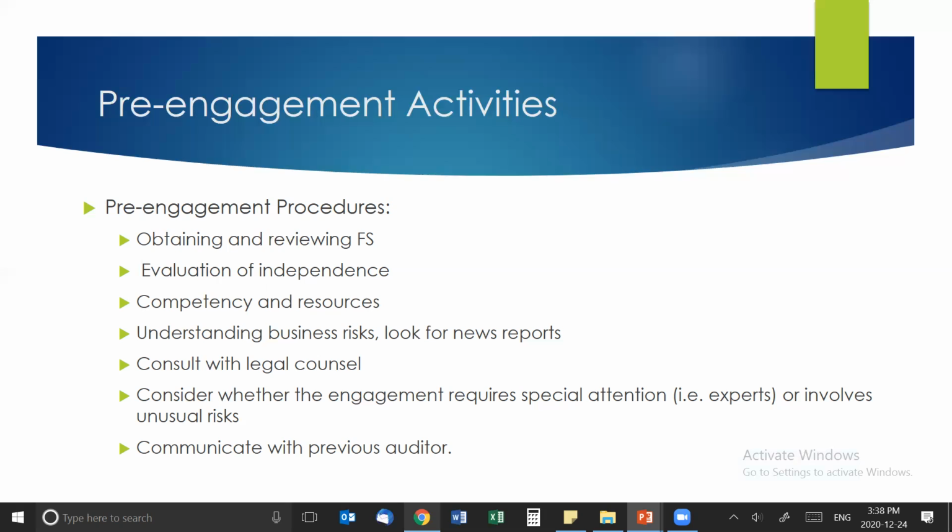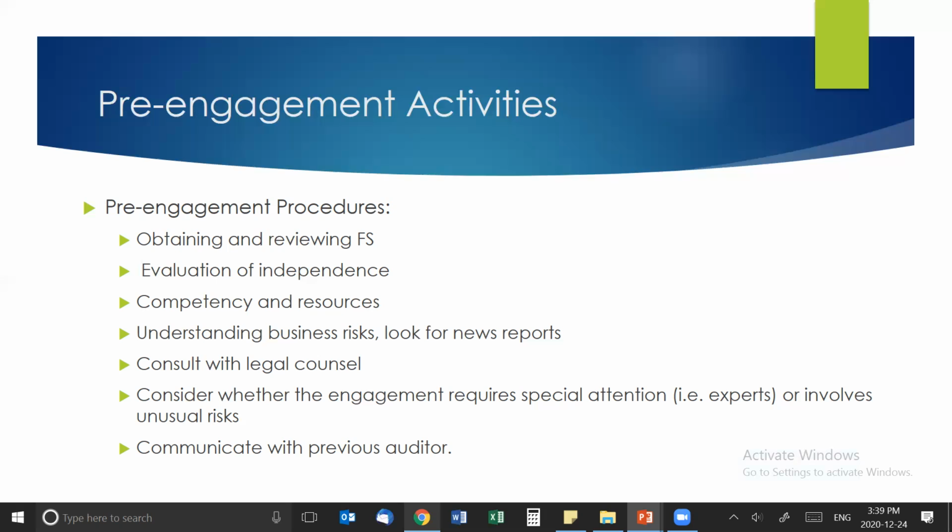You want to consider whether this engagement requires special attention or involves unusual risks. Is there some sort of complex transaction that we as auditors are not competent with? Do we need to hire an expert to help us do that? So you want to check if there are any risks or any special attention needed.